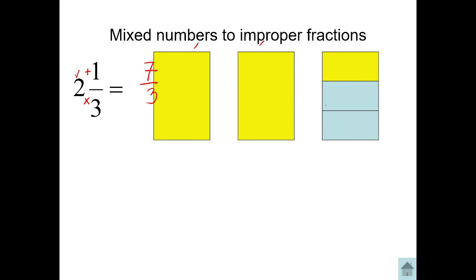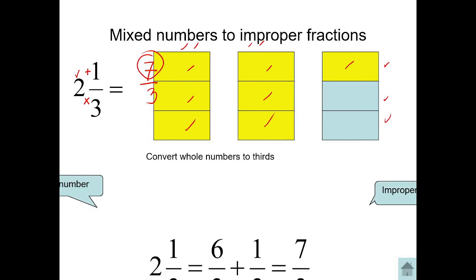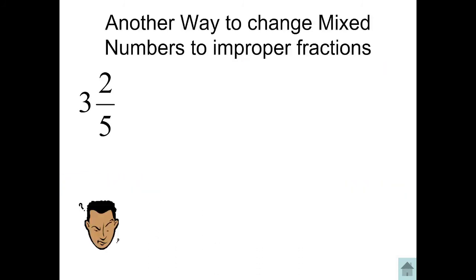Now I will be dividing each whole into thirds. Convert the whole numbers into thirds. I'll be making 3 divisions here and 3 divisions here. If I count 1, 2, 3, 4, 5, 6, 7, that is our numerator. Our denominator is the number 3. That's how you transform mixed to improper fractions.